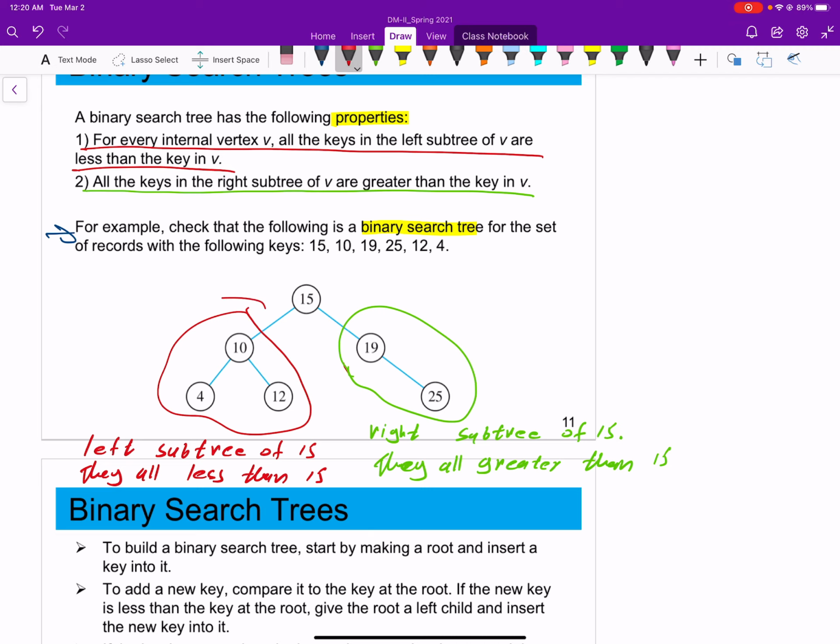We have already taken this subtree and checked that everything in it is less than 15. And then we took this subtree and checked that all the elements here are greater than 15. And then you have to use this subtree. This is also a subtree, even though it's one element, it's a subtree of 19. So you have to check whether this 25 is greater than 19. That's true.